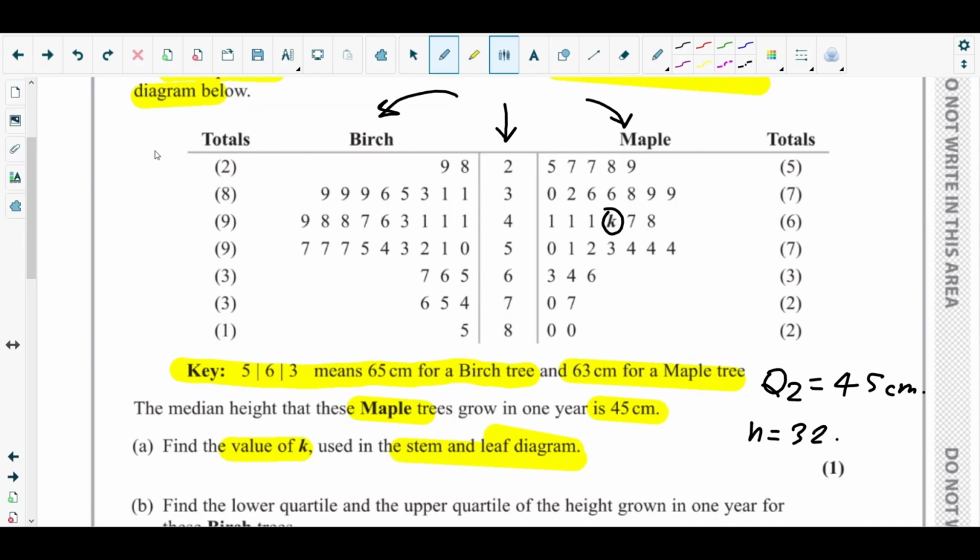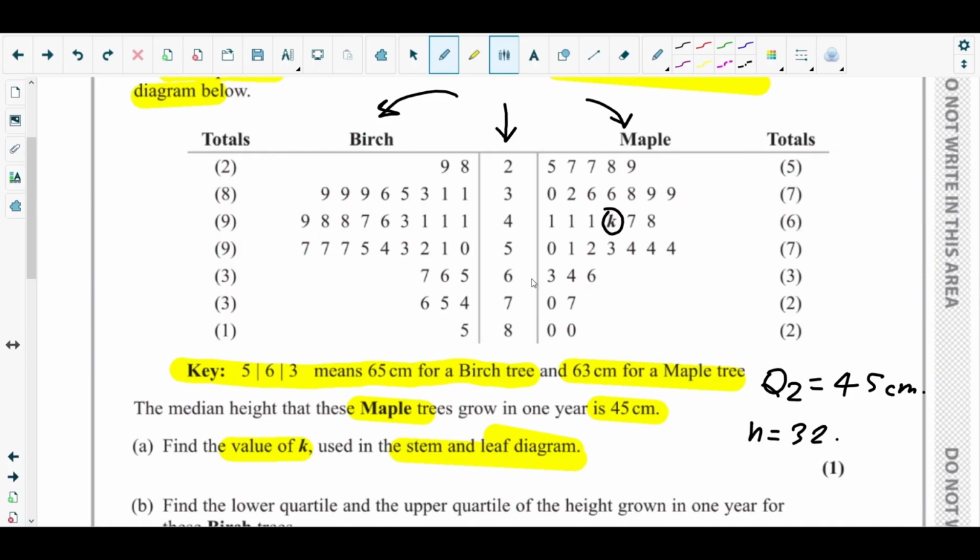Here the middle term is the 16th term, since 32 over 2 is 16, and its next term is the 17th term. So the median is the average of the 16th term and the 17th term.